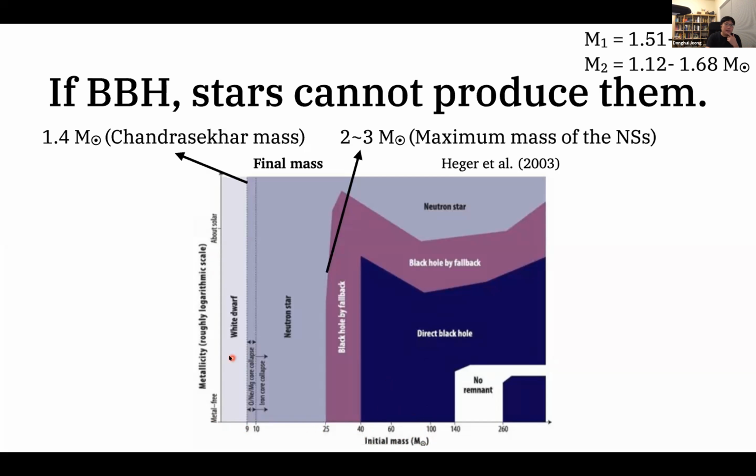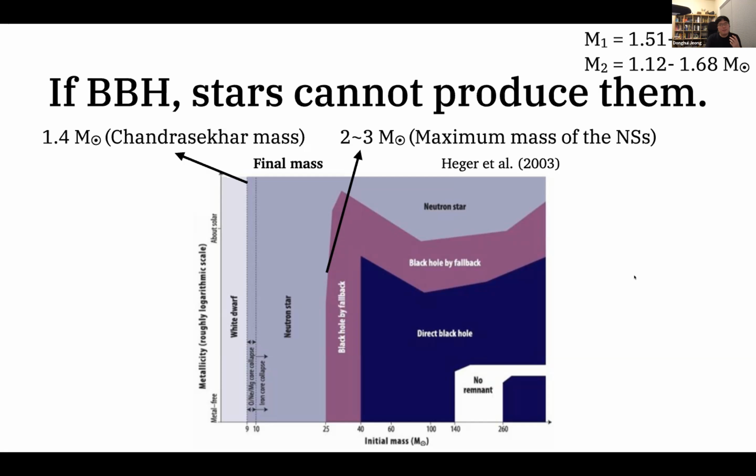If stars were born with about 8 to 9 solar masses, they will become white dwarfs with a maximum mass of 1.4 solar masses, the Chandrasekhar mass. Between 9 and 20 to 30 solar masses, they will become neutron stars with a maximum mass between 2 and 3 solar masses. That depends on the detailed structure that we don't know yet, the equation of state of the material in neutron stars. So it cannot be black holes made from the stellar evolution track.